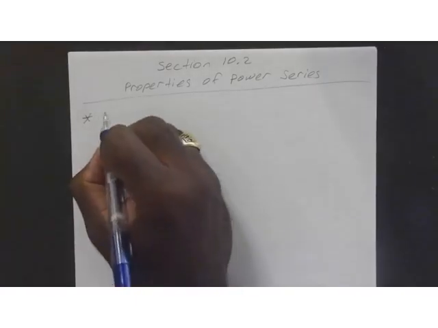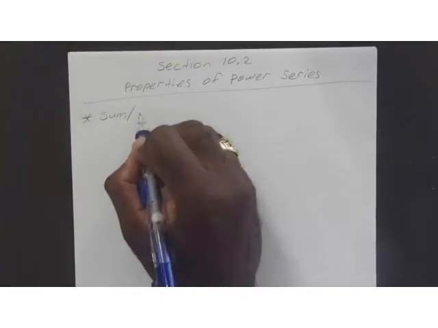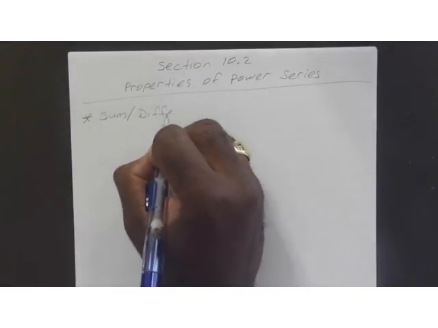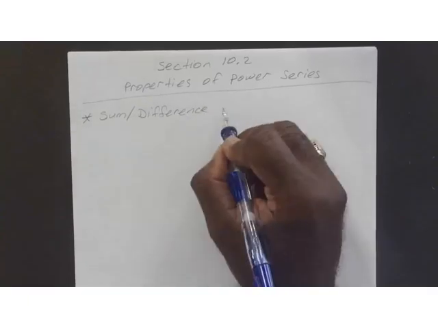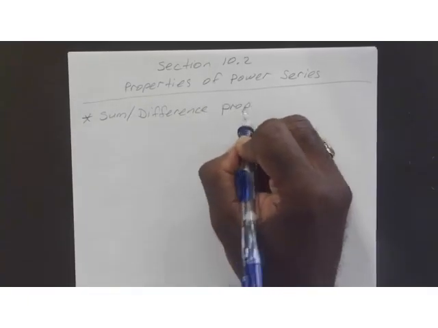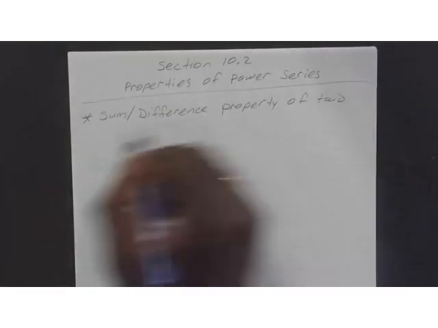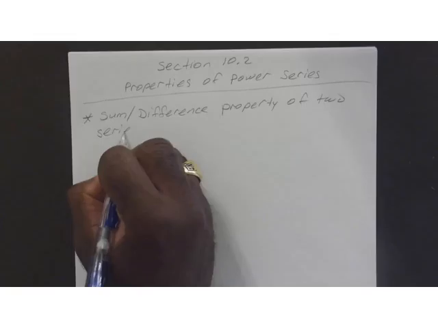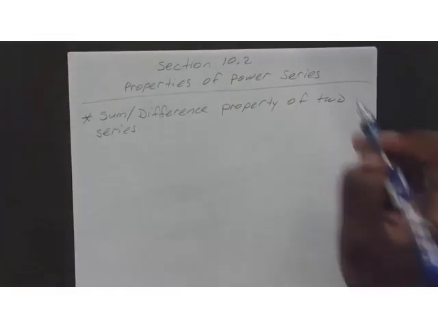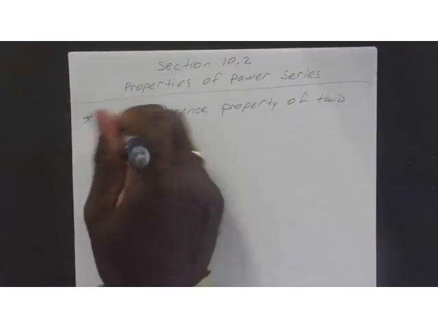And really, a lot of the properties are similar to those of derivatives and antiderivatives, so they should look somewhat familiar. And the first is the sum or difference property. And this is just of two series, or two power series. Make sure I identify that two power series.